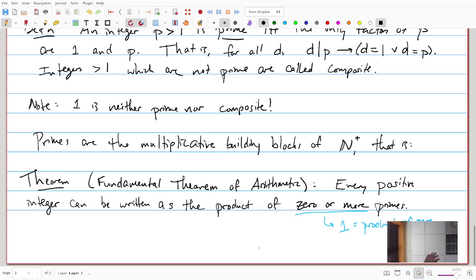If you care about the order, well then yeah, you could write down lots of different ones by putting them in different orders. So, moreover, the product is unique if we don't care about order.